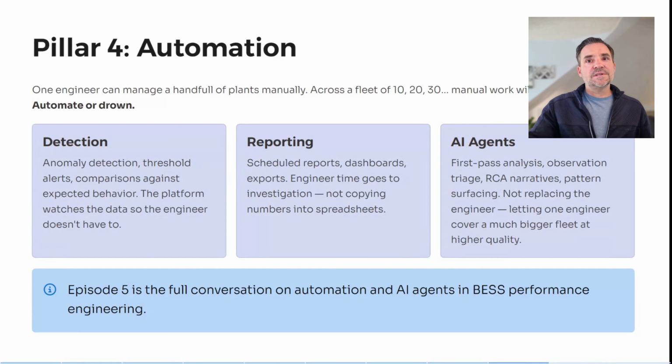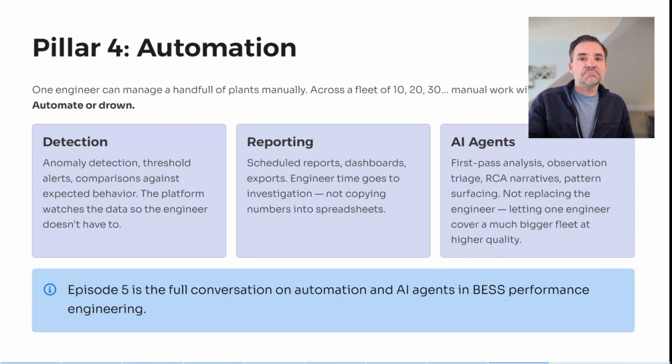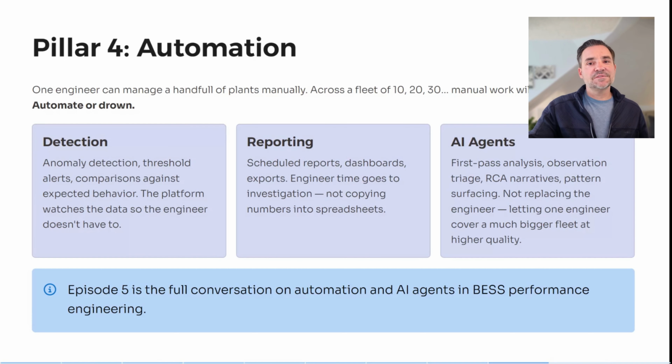So this works well for 1-2 projects, maybe you have 5 projects, maybe a couple performance engineers on the platform, and you can manage 5 to 10 projects, no problem. But as you grow, and every BESS owner is growing, the market is on the upswing, you're going to have to automate.